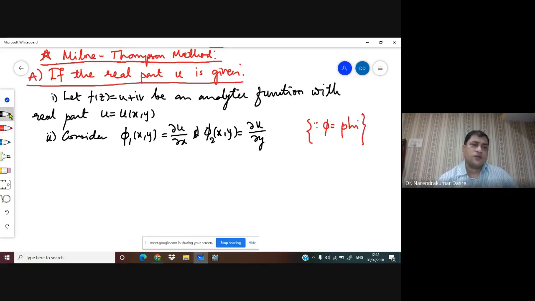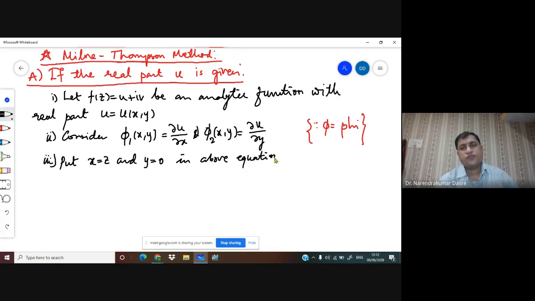Once you get these derivatives, then the third and important step we need to understand: put x is equal to z and y is equal to 0 in the above equations.